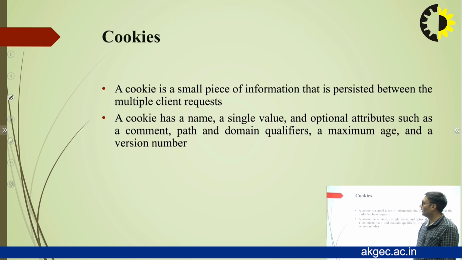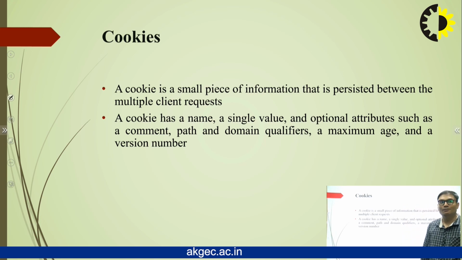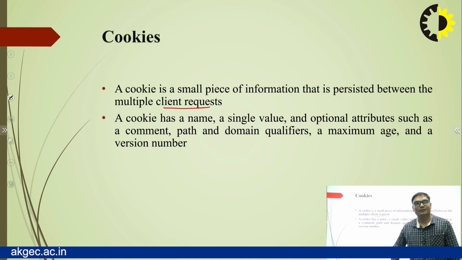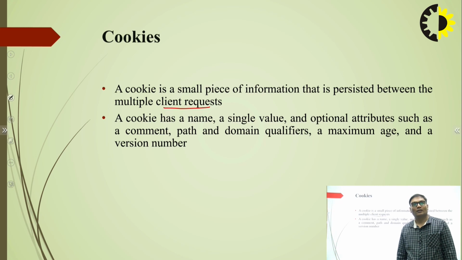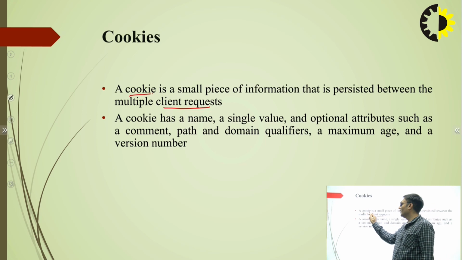Now, what is a cookie? A cookie is a small piece of information that persists between multiple client requests. So when a client requests, this information is saved in a file and that file is known as a cookie.